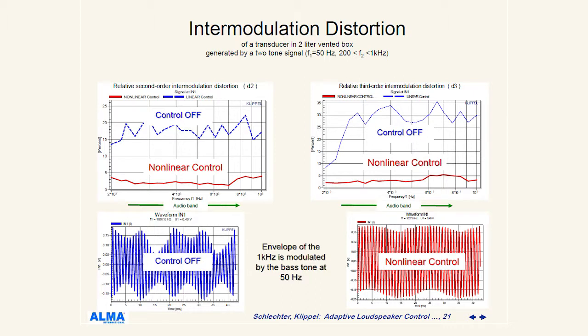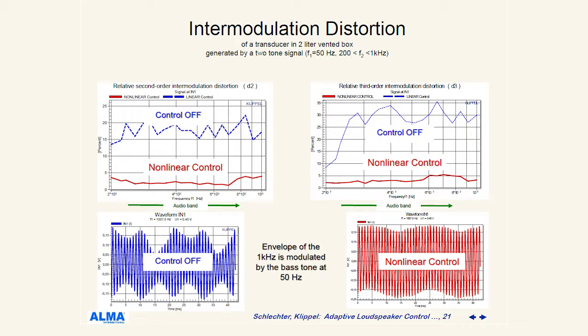Here you see the same for intermodulation distortion. Intermodulation distortion might be even more unpleasant than harmonic distortion because it's broadband and in the voice range. And here you see we can also reach a good reduction for second or third order intermodulation distortion.